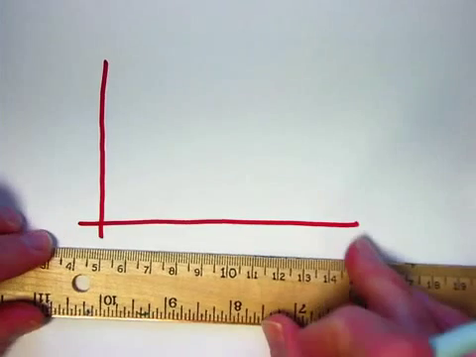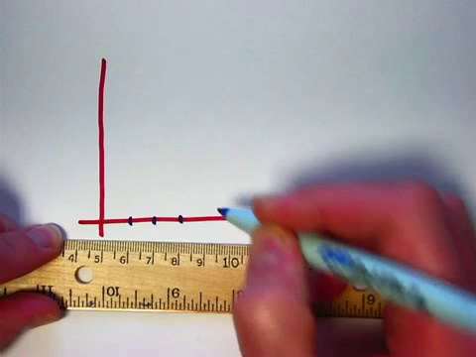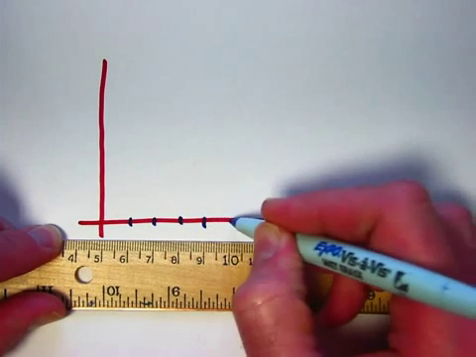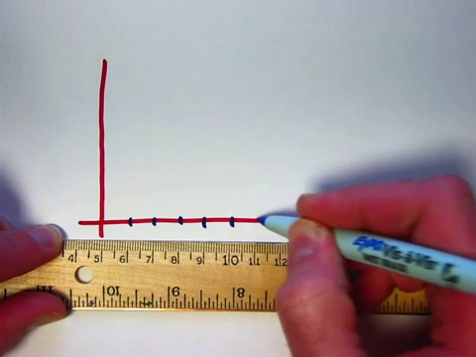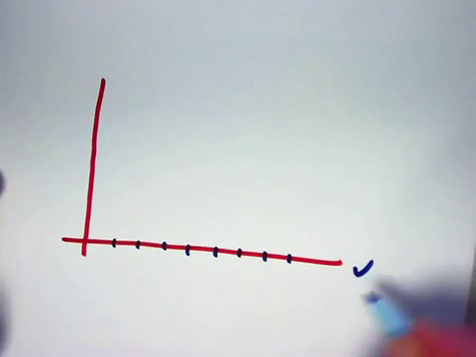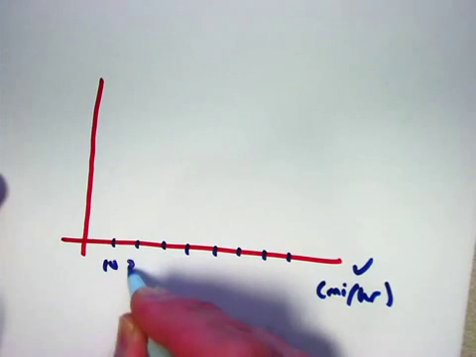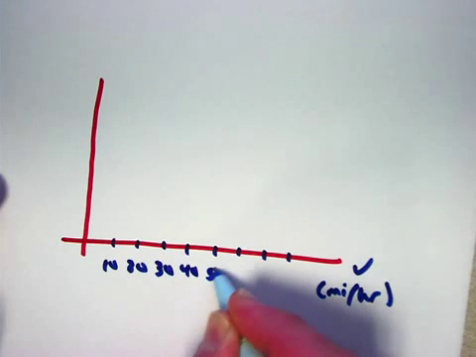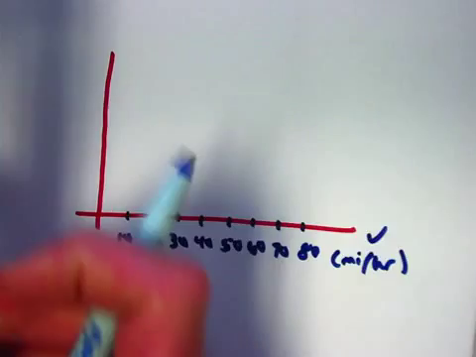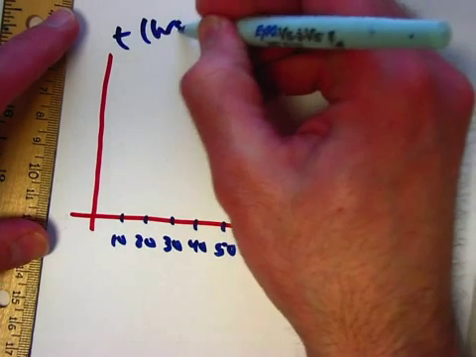I think I'll use centimeters now on the horizontal axis. And I guess I'll pretend these are all in units of 10 miles per hour. I've got 5 of them. Not doing this super accurately because I'm going quickly. This is v, speed in miles per hour, 10, 20, 30, 40, 50, 60, etc. And then this would be time in hours.